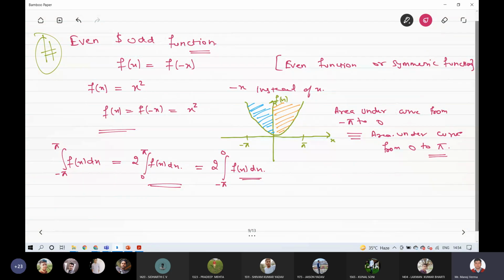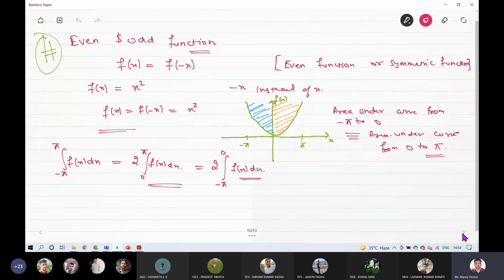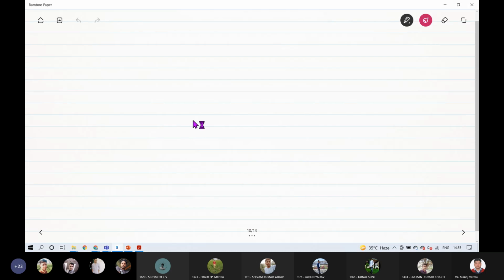On the other hand, let's see what will happen if a function is defined as an odd function. We can call the function f(x) an odd function if, when we insert minus x instead of x in the function, f of minus x gives us minus f(x).